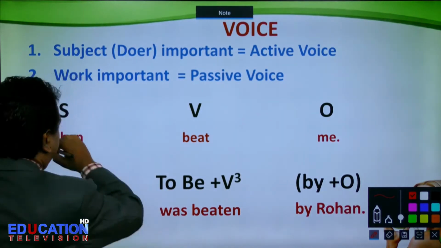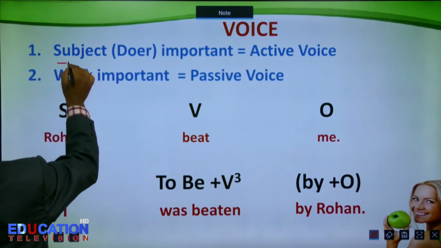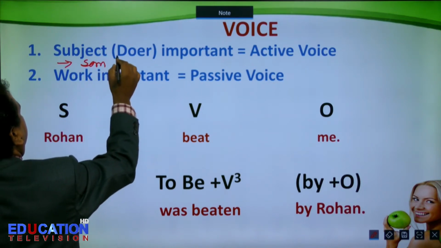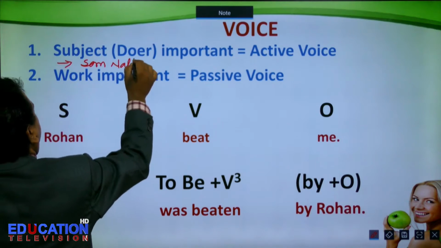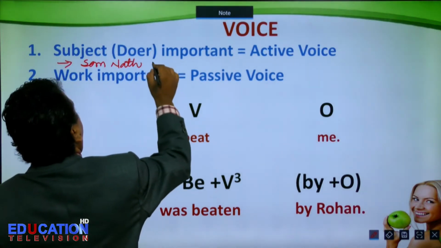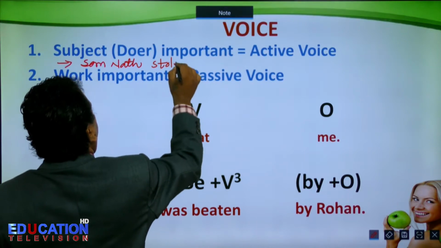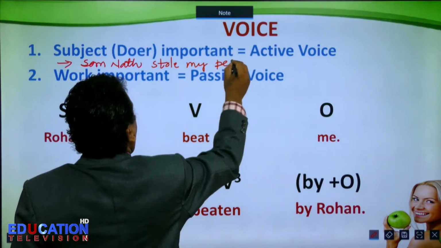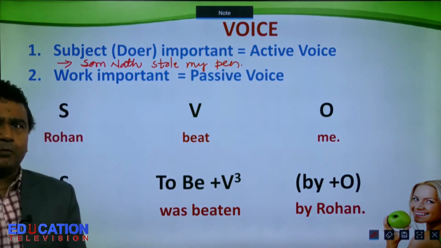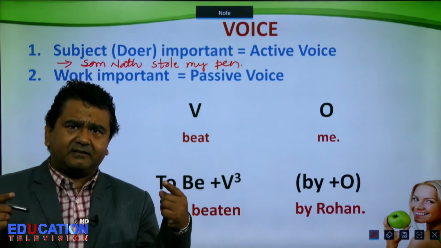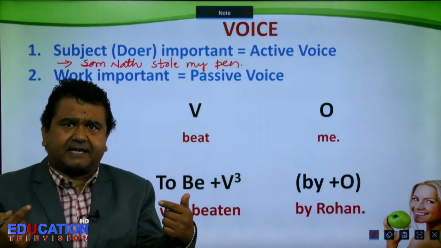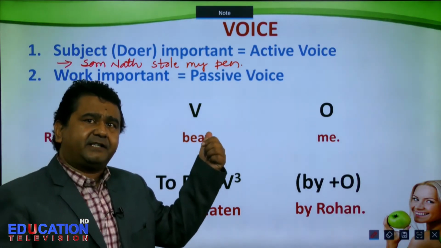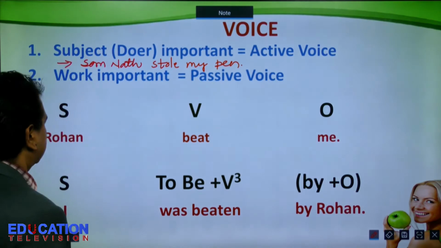For example, Somnath stole my pen. Here, the subject, that is Somnath, is important. It is Somnath who stole my pen. So, you write here active voice.